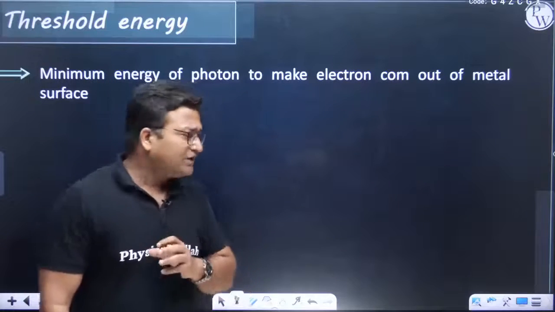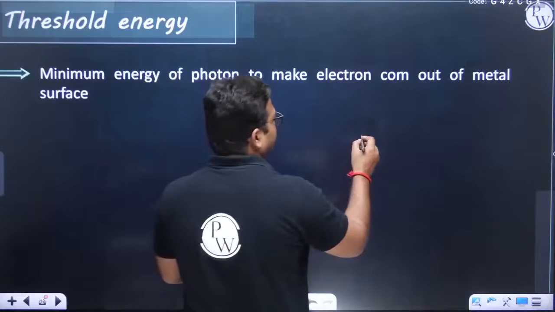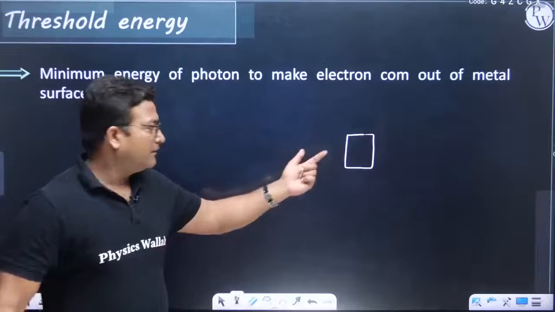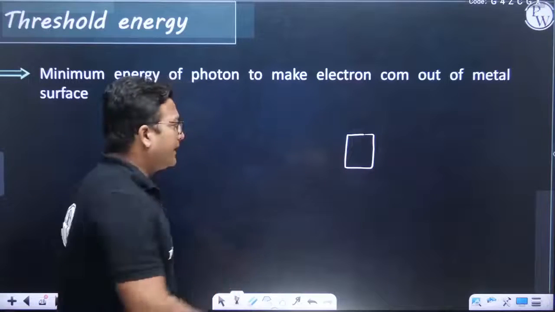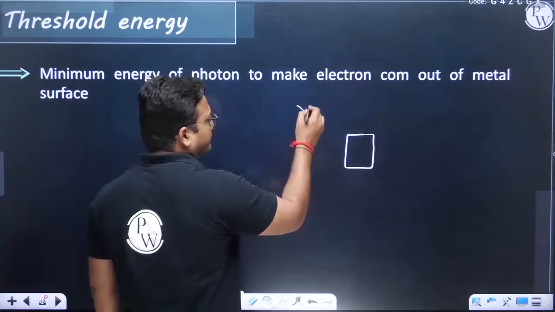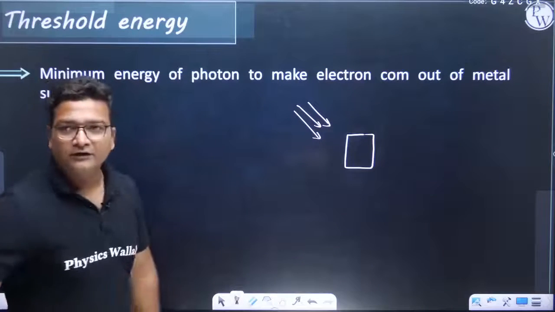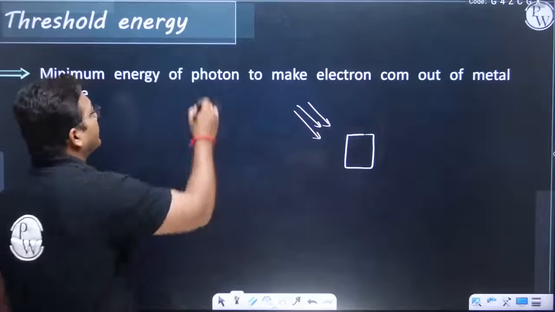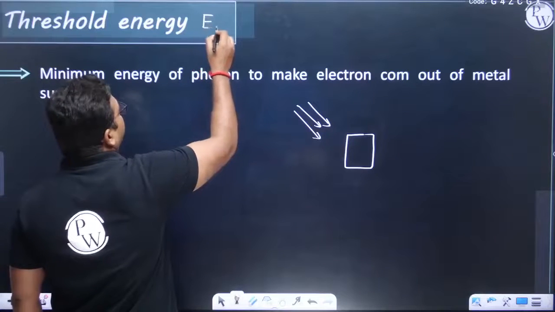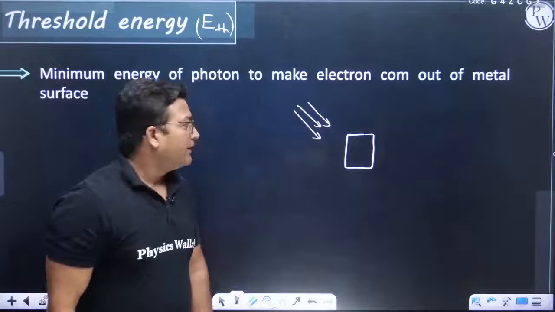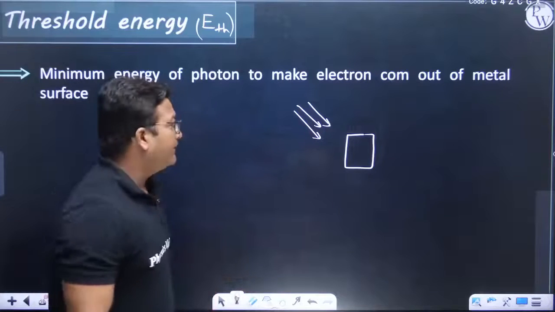If you imagine a situation where we have a metal surface and light is being incident on it, we can represent threshold energy by the symbol E_th.